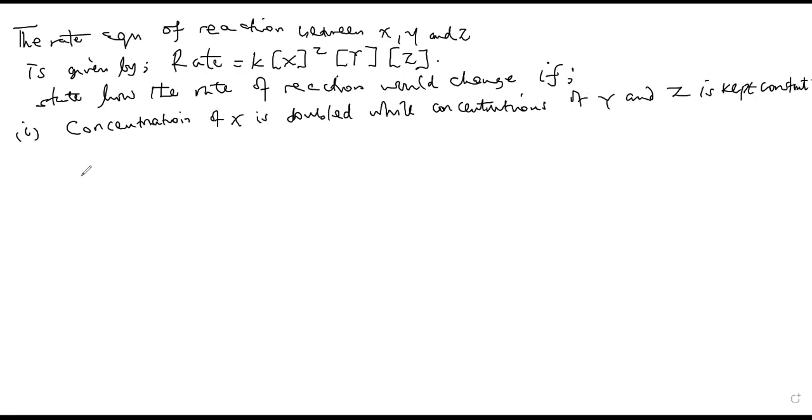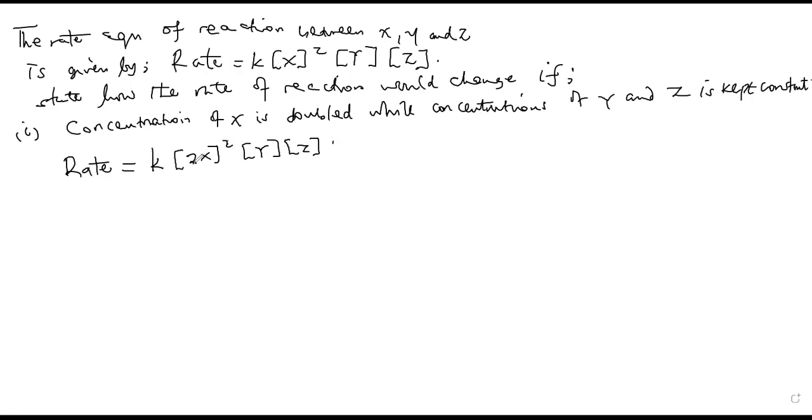So I will do one by one as I do the solutions. So we are saying that the concentration of X is doubled. It implies that rate is going to be equal to K. We are doubling X, so it will be 2X, squared, Y, and Z. Now, of course, here you can see that this will be 4.